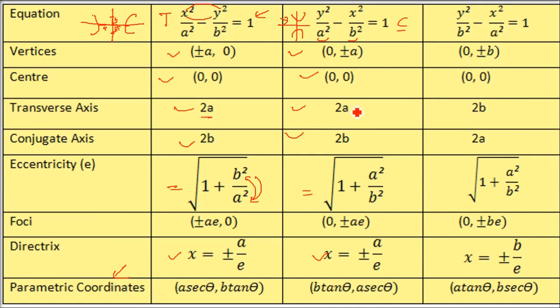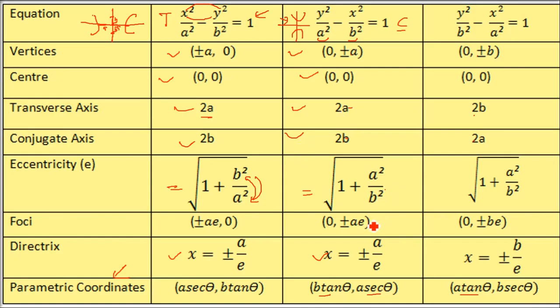So the positions of x, a and y, b have changed. So it is a vertical axis, so you'll get 2b as the transverse axis, eccentricity is under root 1 plus a square by b square, foci plus minus be, directrix you have b by e, and the parametric coordinates will be a tan theta, b sec theta, right?